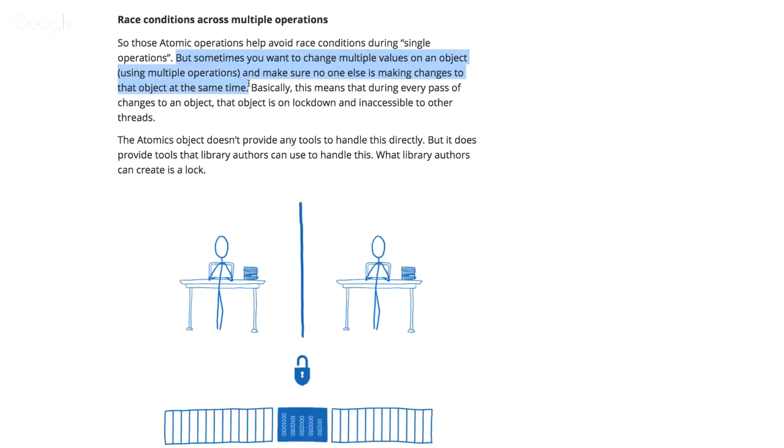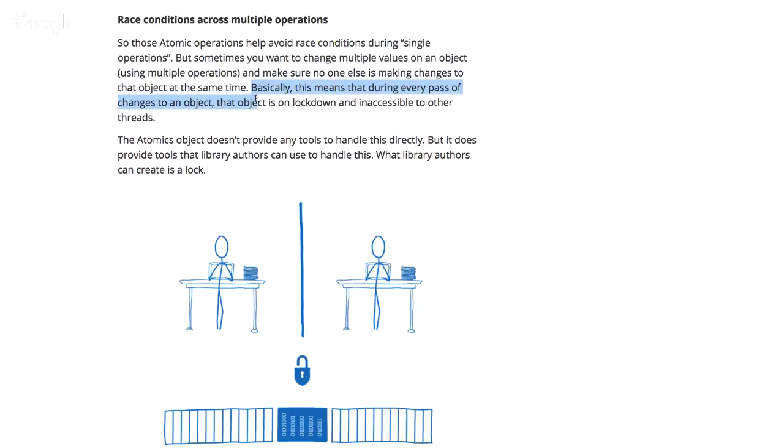So that shows a single operation like a simple increment operation. Sometimes you want to change multiple values on an object using multiple operations, and we want to make sure no one else is making changes to the object at the same time.